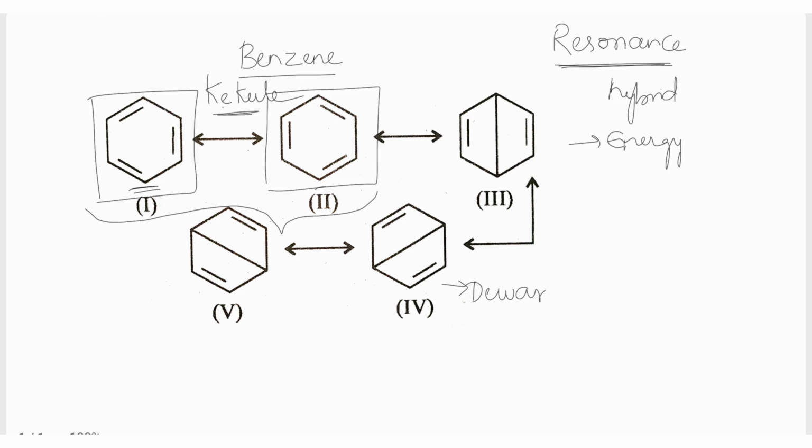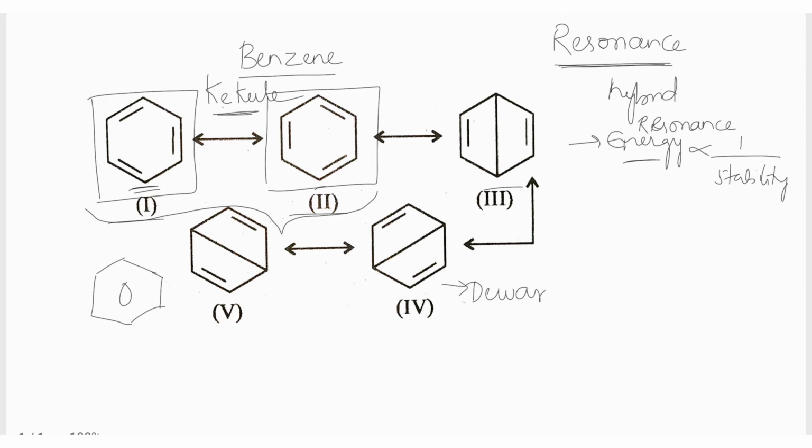This difference in energy is called resonance energy. What is resonance energy? The energy gap that we see between all the canonical forms and the resonance hybrid. So this form has the least energy. We know that energy and stability are inversely proportional. Hence the resonance hybrid has the least energy and is the most stable form.